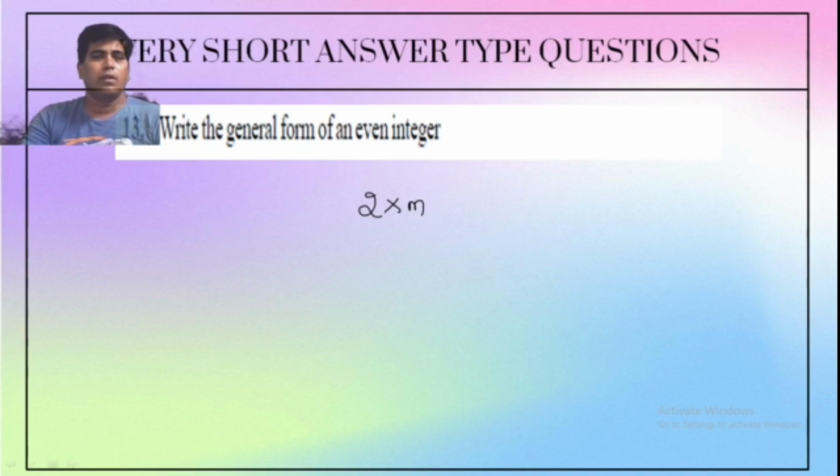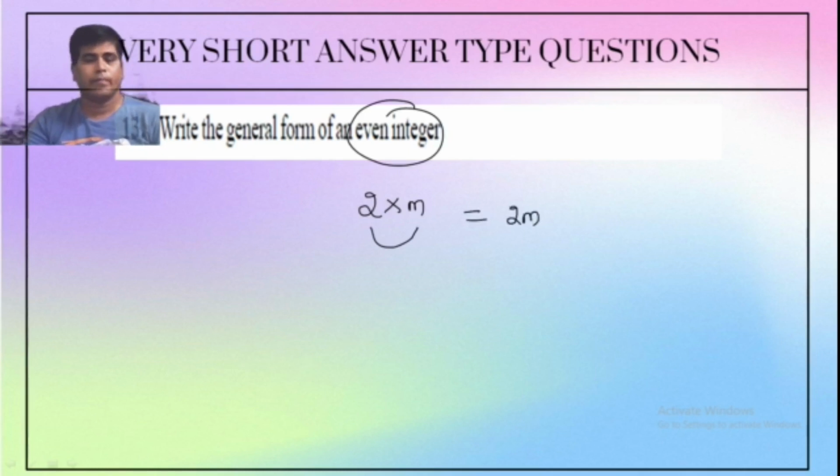So even integers are in the form of 2m. According to the definition, it is clearly divisible by 2, so it is nothing but a multiple of 2.